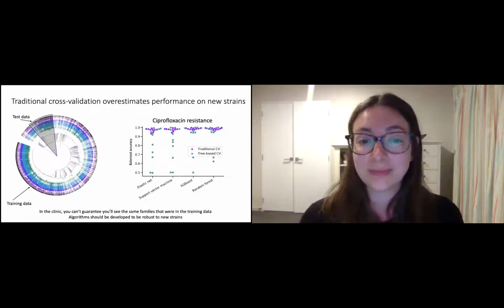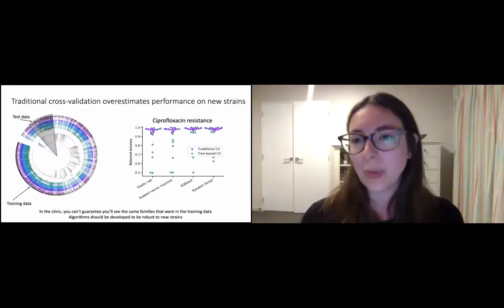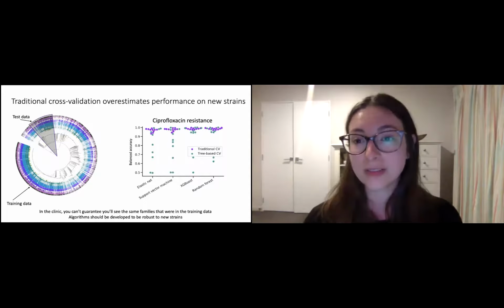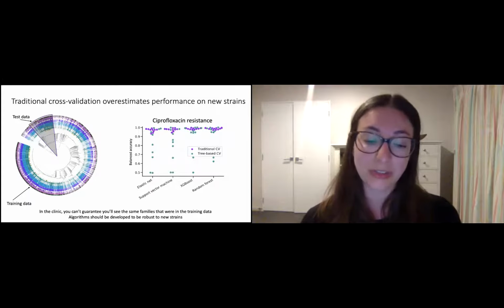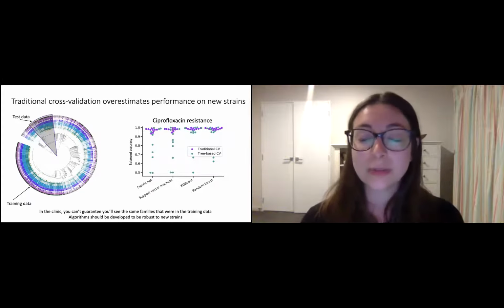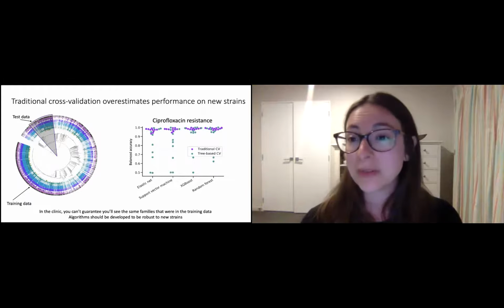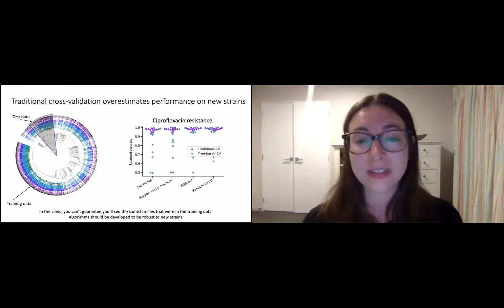But in this slide, I've shown an example of one where if you just randomly split these samples into training and testing, you can see in the purple dots, the algorithm looks very accurate. But in the green dots, you can see what happens if it's tested on a brand new strain. The performance drop can be pretty significant, which suggests that this algorithm isn't learning the full biological basis of resistance in these strains. And it may well just be memorizing which strains it's seen in the past are resistant and which are sensitive.